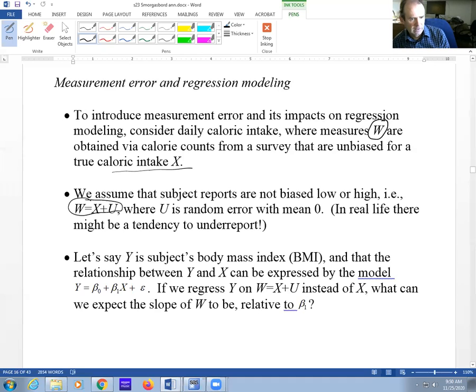So the question is, if we regress Y, let's say that's BMI, and we want to understand the relationship between BMI and calorie intake, and you'd assume that there would be some relationship there. Let's say it's a linear relationship. What can we expect if we plug in W instead of X? What's going to happen to the slope?